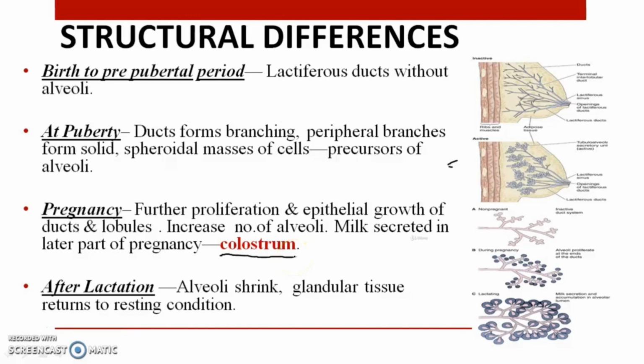So during pregnancy, the spheroidal masses give rise to alveoli, and these alveoli start secreting milk. After lactation is over, all these alveoli formed during pregnancy shrink, and the glandular tissue returns to its resting condition as before.